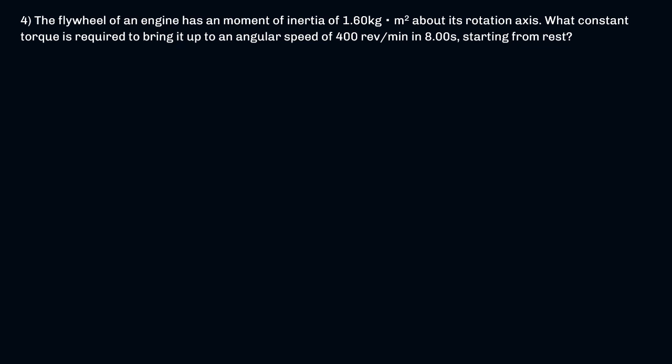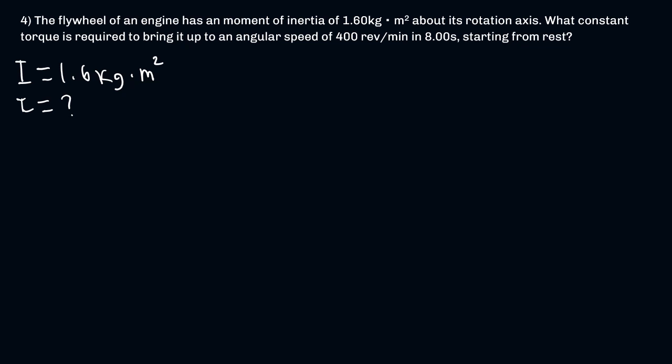I have a moment of inertia, so let's write this all down. So I have I, and that is equal to 1.6 kilograms times meters squared. What else do I have here? I have what constant torque? That means I'm looking for torque. So let's put this here as my question mark.